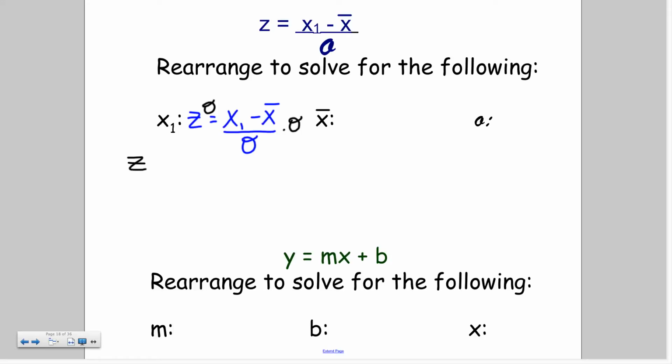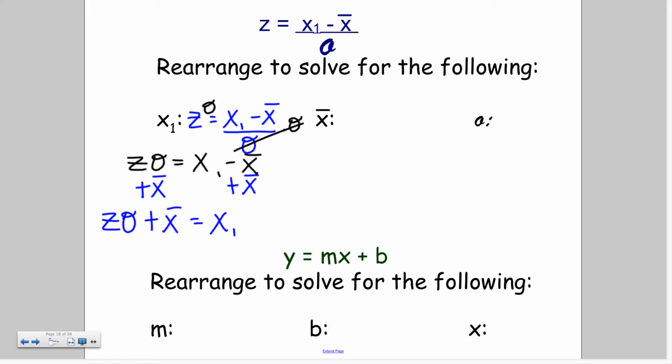It's going to give us z times standard deviation equal to x minus the mean. Now to get rid of the mean, add the mean to both sides. That's going to give us the z-score times standard deviation plus the mean is equal to x. And that is our answer.